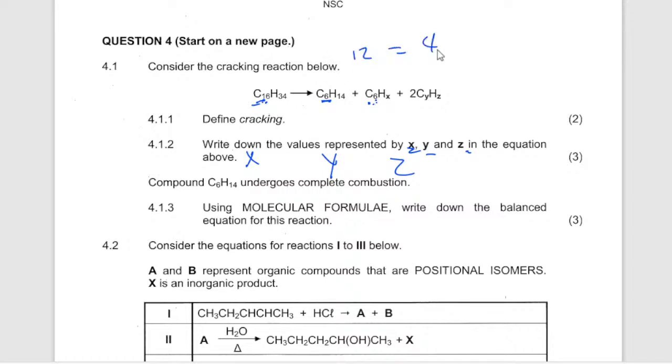Is it 6 plus 6? So what is short there is equal to what? It is equal to 4.